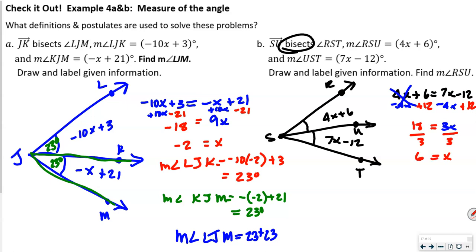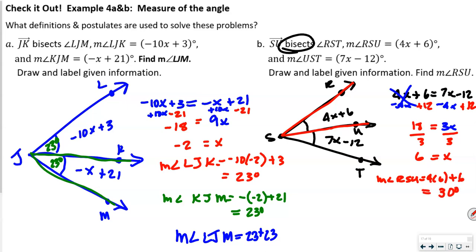And then it's asking us to find RSU, okay? So this time it's only asking us to find one of the angles, the top angle up here, RSU, right? Okay. I'm going to find it all just for practice sake. So the measure of angle RSU is going to be equal to 4 times 6, that's 24, plus 6. So that's going to be equal to 30 degrees, right?